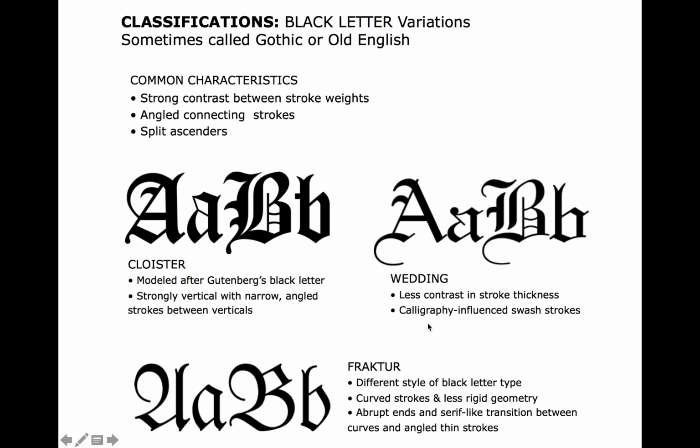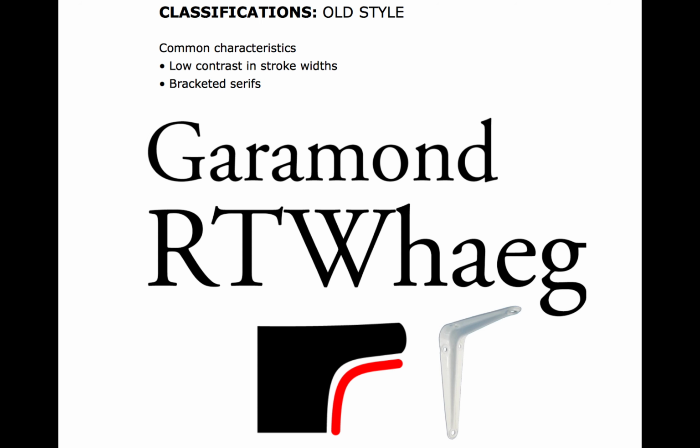And then the wedding will be less contrast in stroke thickness, but very calligraphy influenced swash strokes, these little curvy accents on the serif of the letter. And then the fracture, which is a different style of a black letter type. It has more curved strokes and less rigid geometry. It abruptly ends, very serif-like transition between the curves and the angled thin strokes.